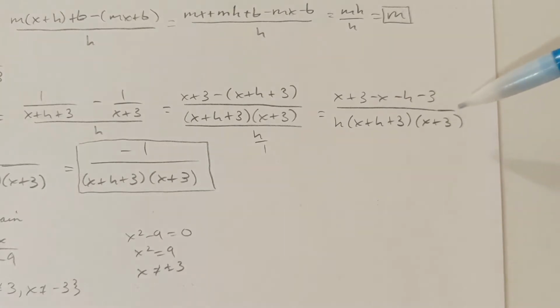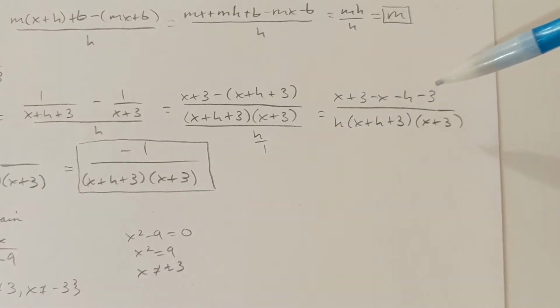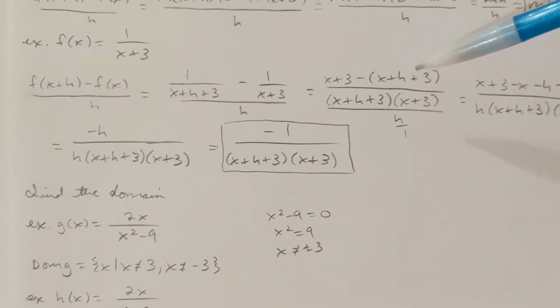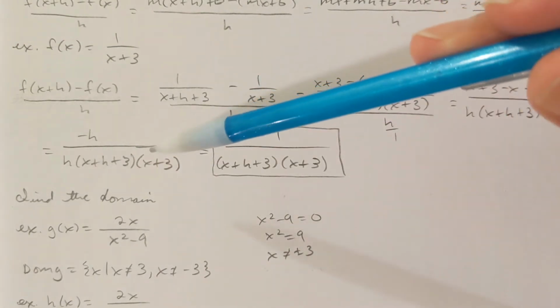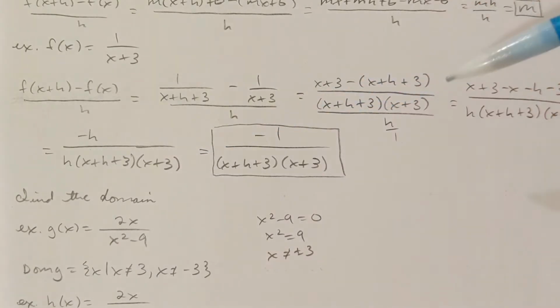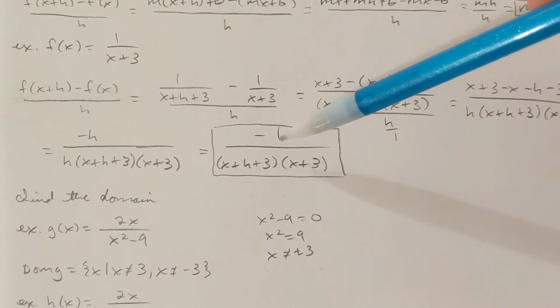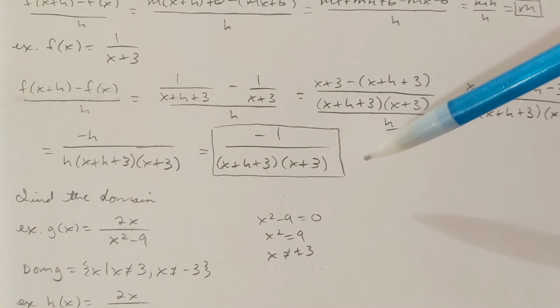So I'm multiplying by 1 over h. And that's going to stick h in the denominator. Okay? So I'm left with negative h over h, which is going to cancel. When I cancel those h's, that leaves me with negative 1 divided by x plus h plus 3 times x plus 3.